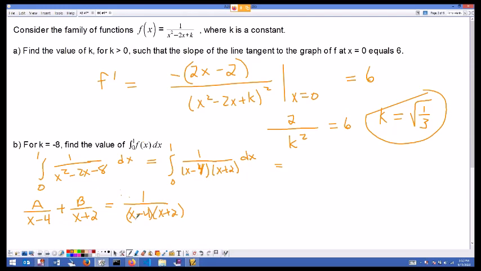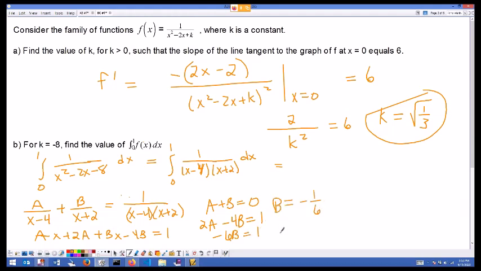And then when we get a common denominator here, we get ax plus 2a plus bx minus 4b equals 1, which tells us that a plus b equals 0, and that 2a minus 4b equals 1. And if a is negative b, we can plug in negative b down here. So this gives us negative 6b equals 1, or b equals negative 1/6, which tells us that a equals positive 1/6. So far, everybody good?